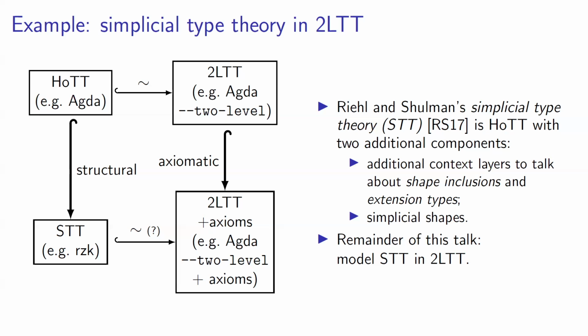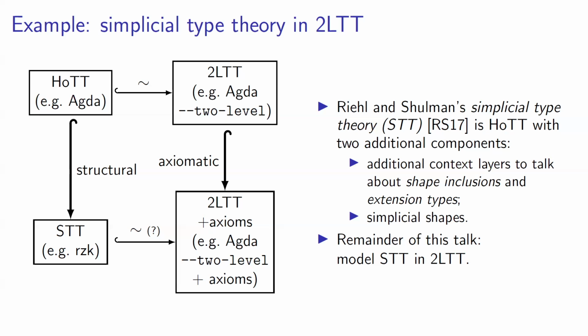These additional layers of contexts allow you to talk about shapes and shape inclusions. You can, for example, talk about triangles and the inclusion of the boundary of a triangle into the triangle. These shapes then allow you to talk about extension types, like extending a type that is fixed on a subshape to a type on the bigger shape.